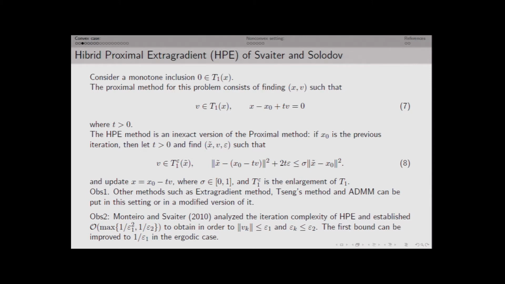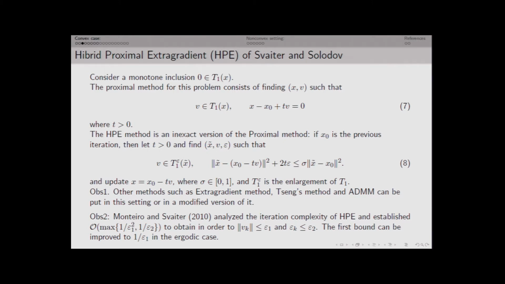The iteration complexity is like this, remark 2. If you want to control the residuals, which are this epsilon k and vk, the residuals of this inclusion, then the number of iterations is like this.